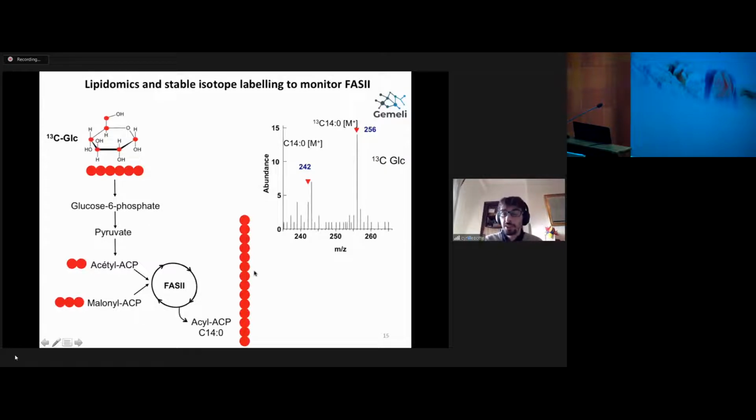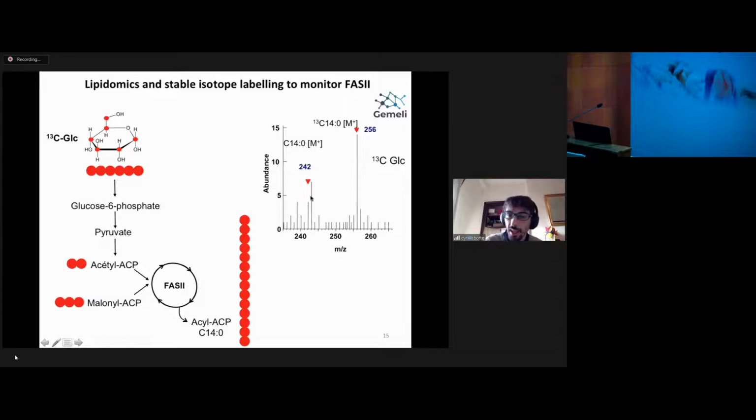Now, to monitor the activity of the pathway, we use stable isotopically labeled glucose, where all of the 12 carbons of the glucose were replaced by the stable isotope C13, which has a mass difference of +1 per carbon. And these are the red balls seen here. So if you schematize this, again, glycolysis can form acetyl-CoA and then malonyl-CoA, which can be used for the FAS2 pathway to form C14:0.